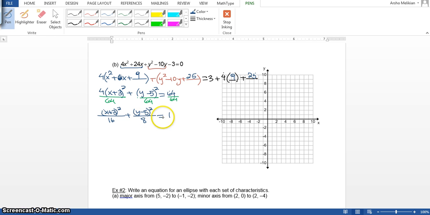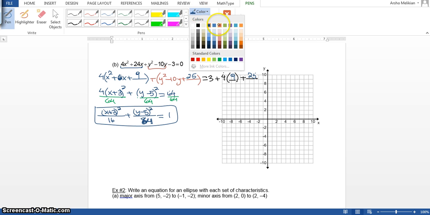Why is it over 8? It's over 64. Oh, it's over 64. So it would be vertical. So then this is a vertical one because a, which is the bigger number, is with the y. Okay? Now, let's find everything we can from here.